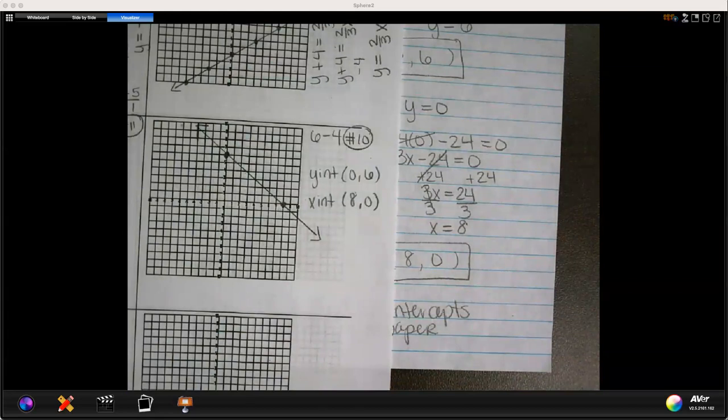You only have to have 2 points and you connect them. You don't need to find slope or anything like that. You just find your x-intercept and your y-intercept and connect them like we did just here. Okay, that is the end of the notes.